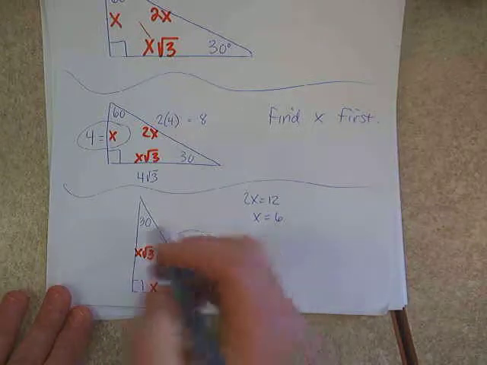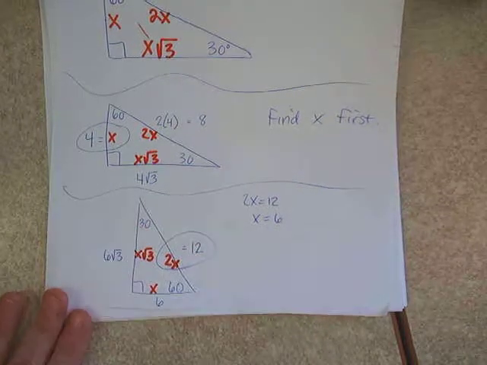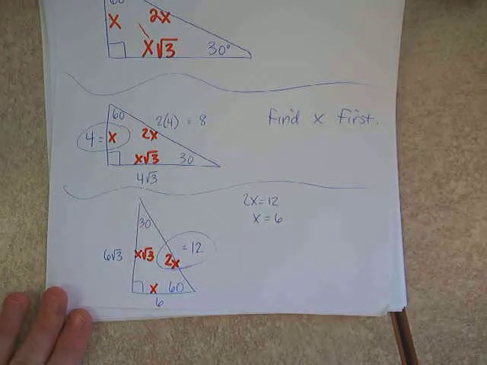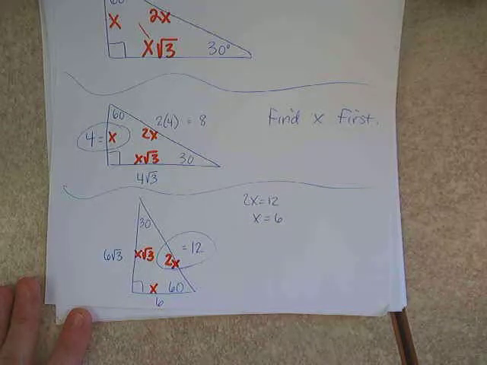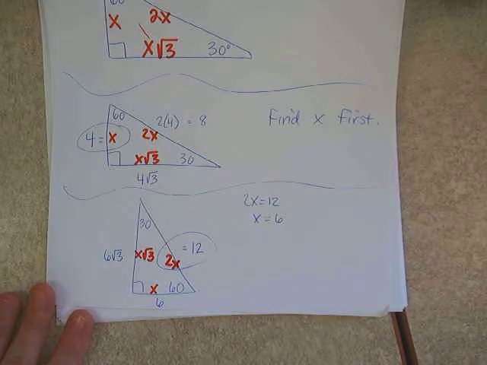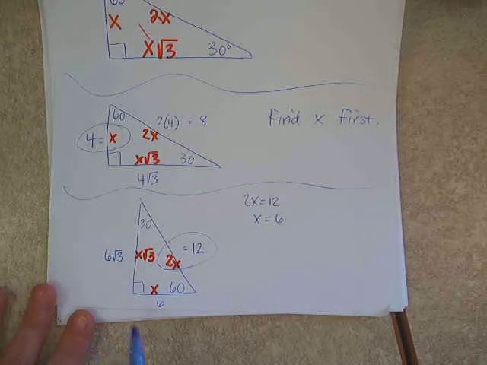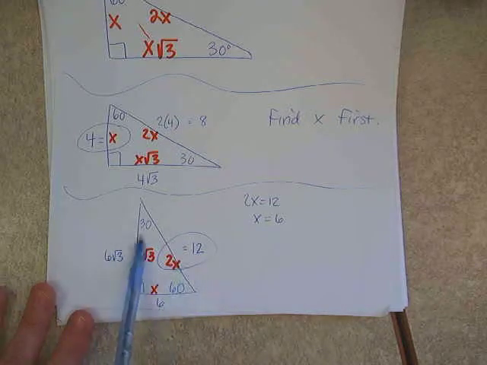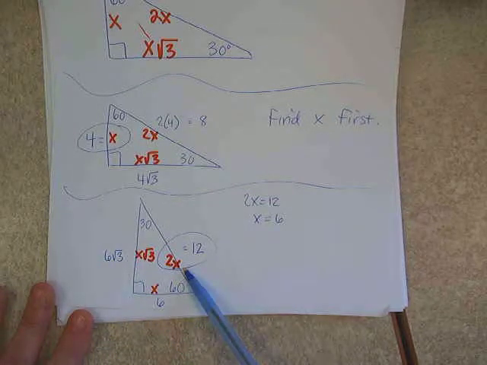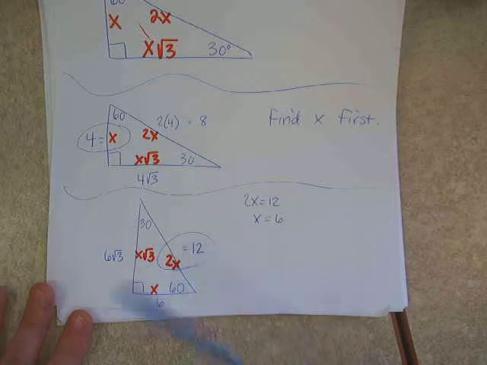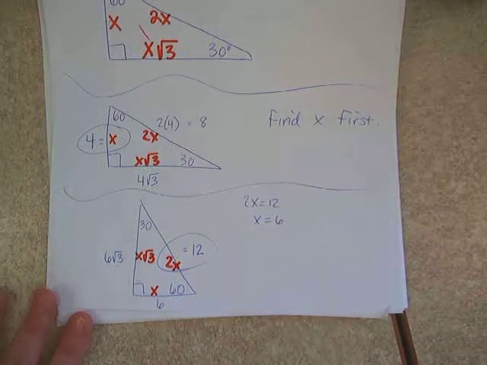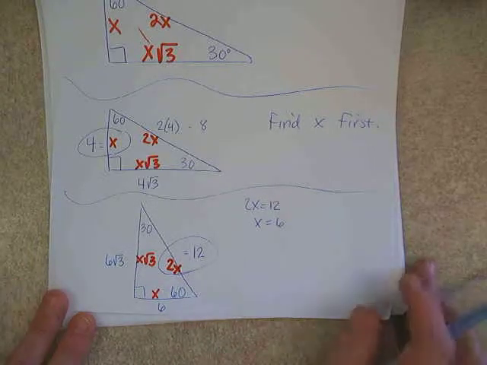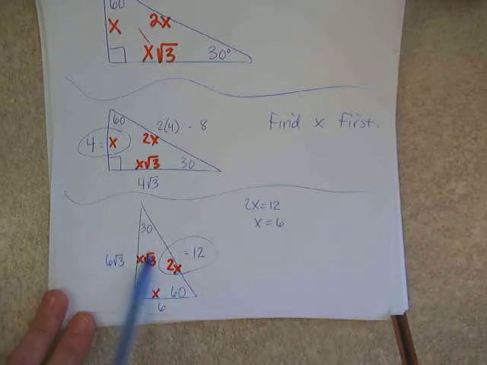And now that I know what x is, I can go over to where it says x radical 3, and that must be 6 radical 3. So these are the fairly easy ones, because if you know x, you can just plug it into the other sides. If you know 2x, you're basically going to divide it in half to find x, and then you have x to plug in with the radical.